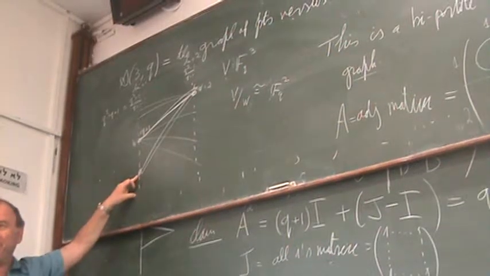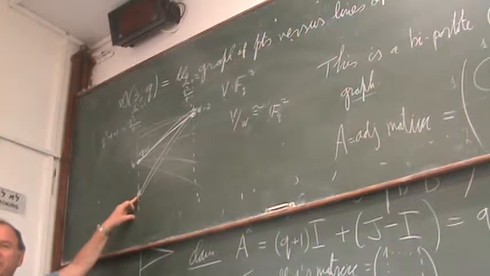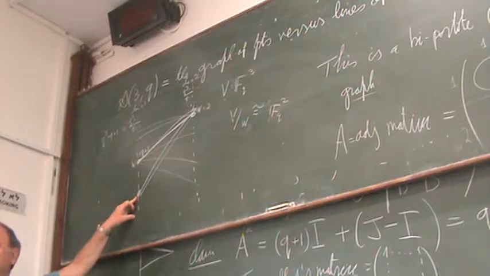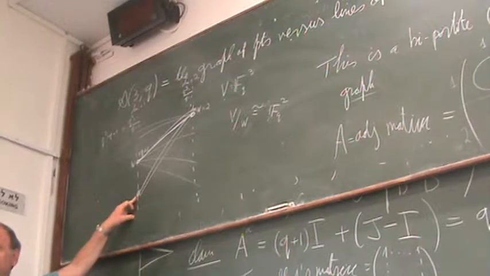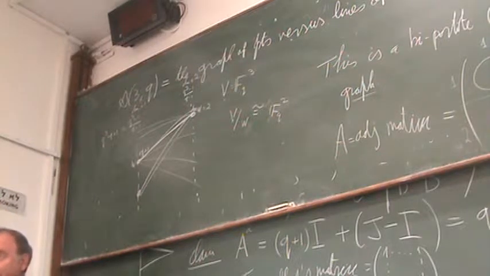Think of the vertices as points versus lines of the projective plane: every 2 different points are contained in a unique projective line.